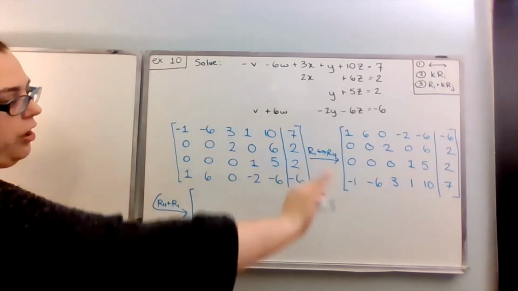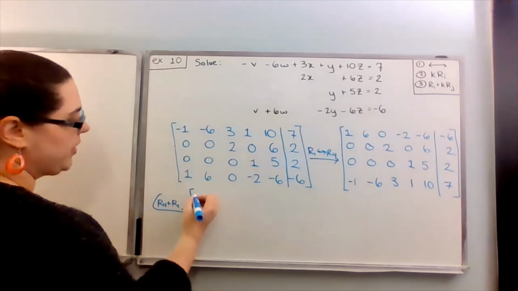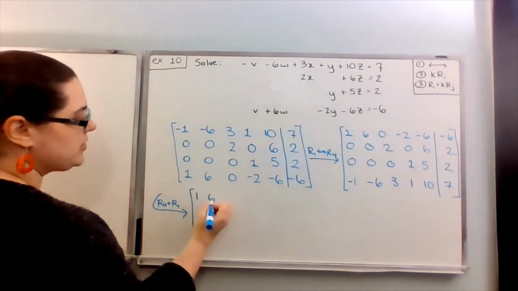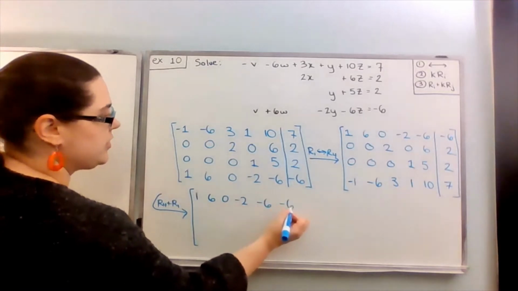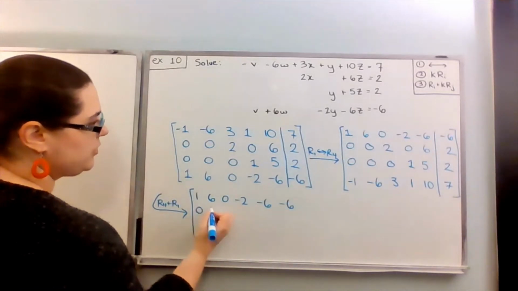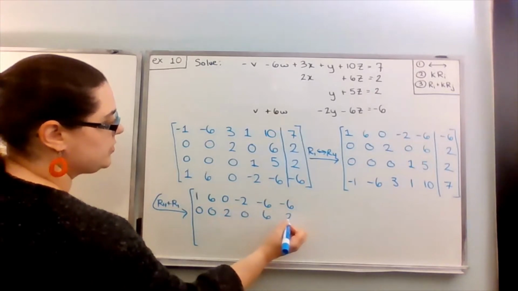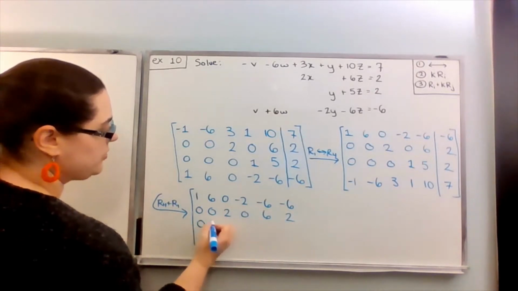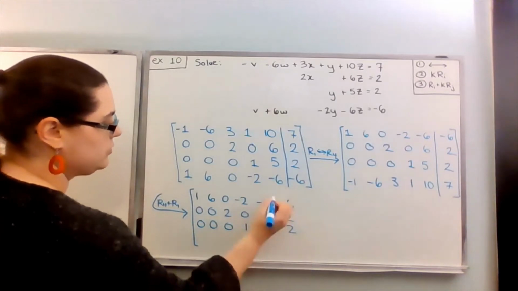And then I'm going to write down all the rows that don't change. So these are the first 3 rows. I'm just going to rewrite them. So we have 1, 6, 0, -2, -6, -6, 0, 0, 2, 0, 6, 2, 0, 0, 0, 1, 5, 2.